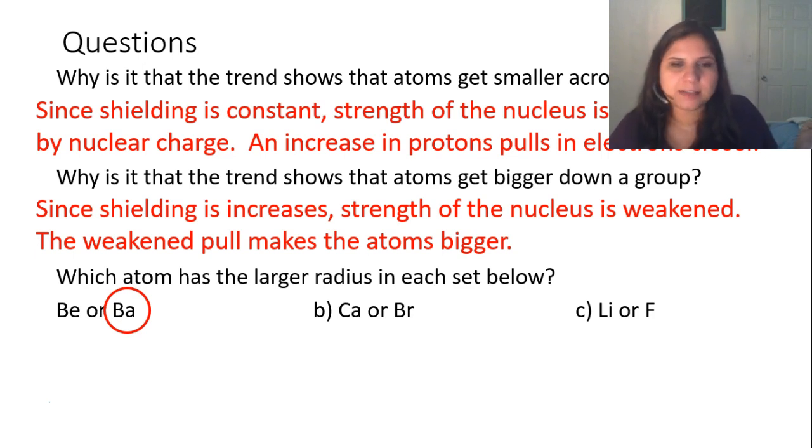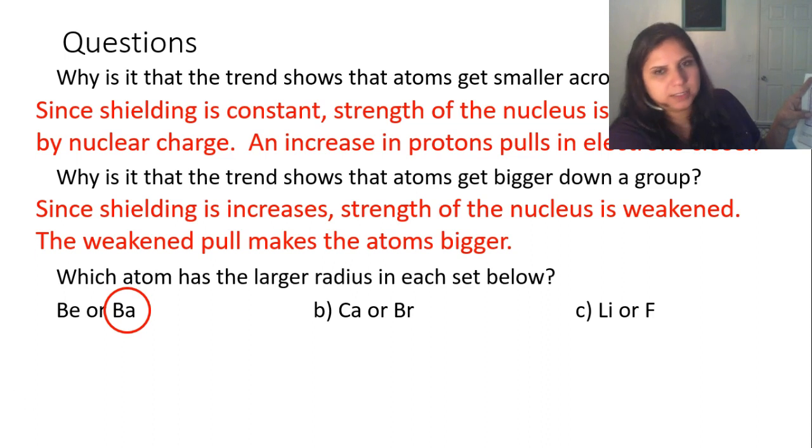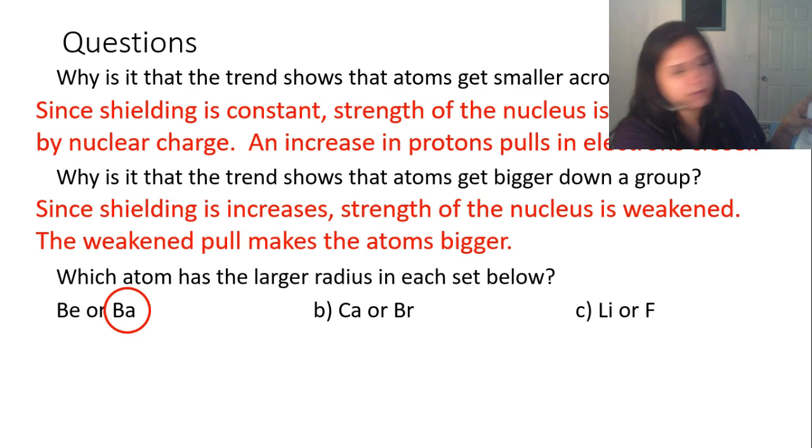Okay, between calcium and bromine. So calcium is in row 4, and so is bromine. We're looking across a period. And so calcium is on the left-hand side. And I know that as I go from left to right, the atomic radius decreases. I have my smaller elements over here on the right side of the periodic table.